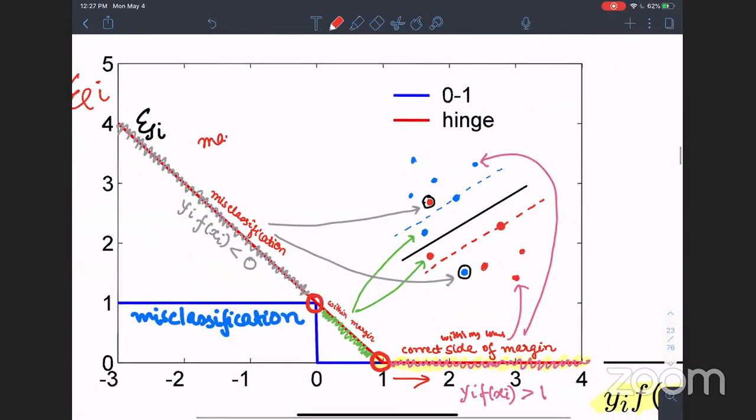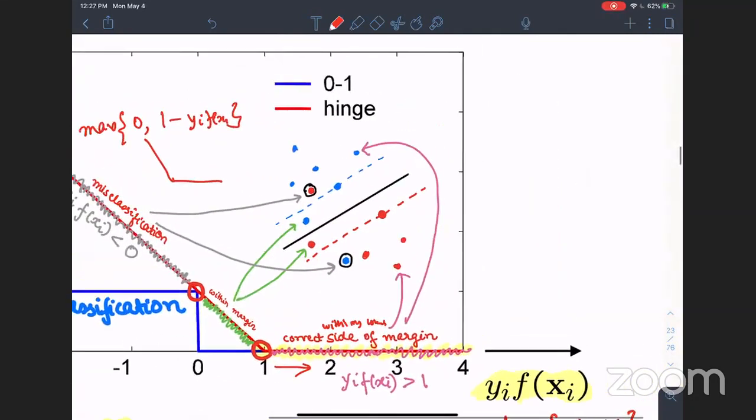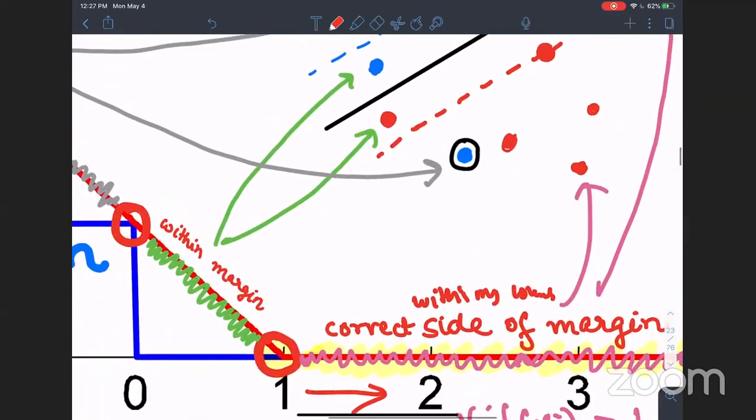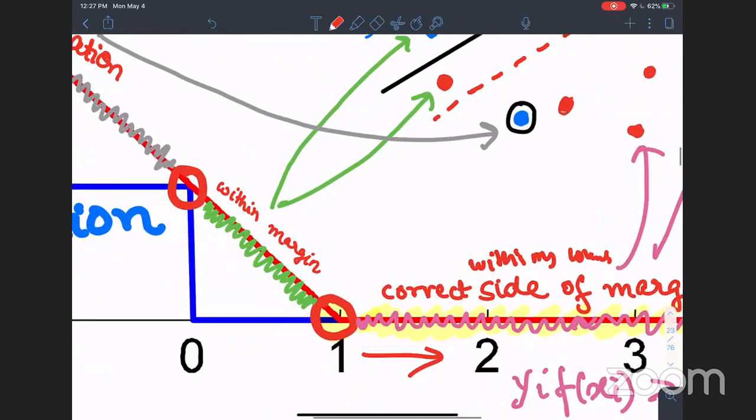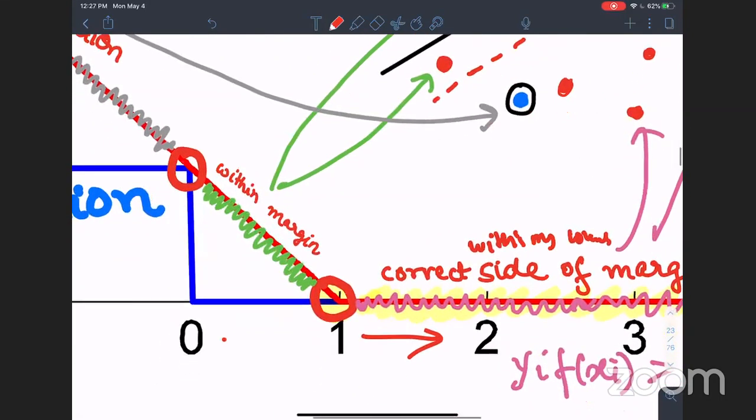Now just be careful what this line is. This is the maximum of 0 and 1 minus yi/fxi. This is what this L shape, angular L, is. So I'm here within the margin. If you see this within the margin, what is my yi/fxi? It is between 0 and 1. That's what I told you.